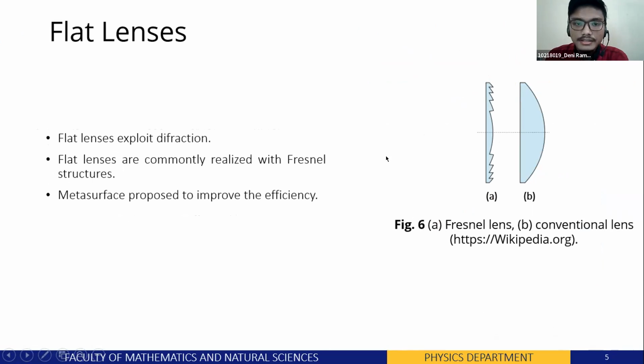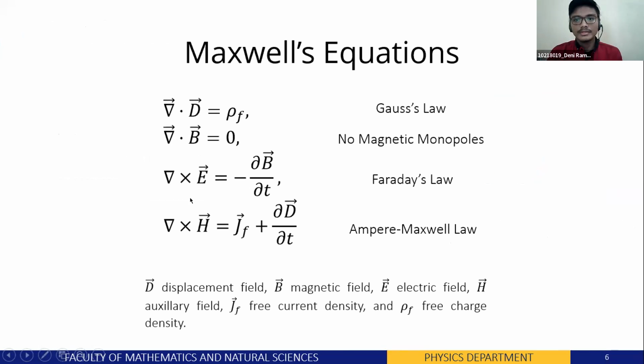It's different from conventional lenses. Flat lenses exploit diffraction to manipulate light. Flat lenses are commonly realized with Fresnel structure, but efficiency is low in the Fresnel zone plates. So metasurface is proposed to improve the efficiency. To determine the efficiency, numerical aperture, and field distribution, we will do a simulation, which is constructed from the Maxwell equations.